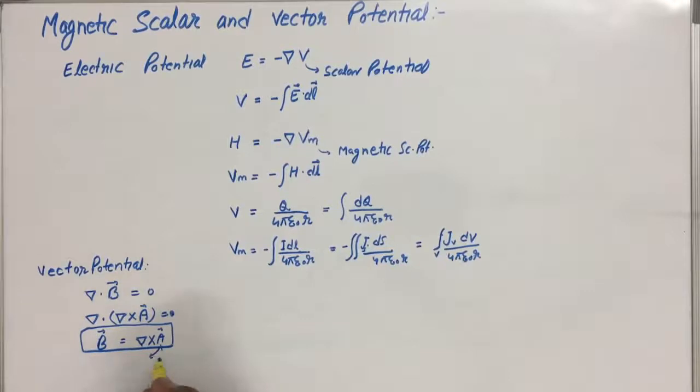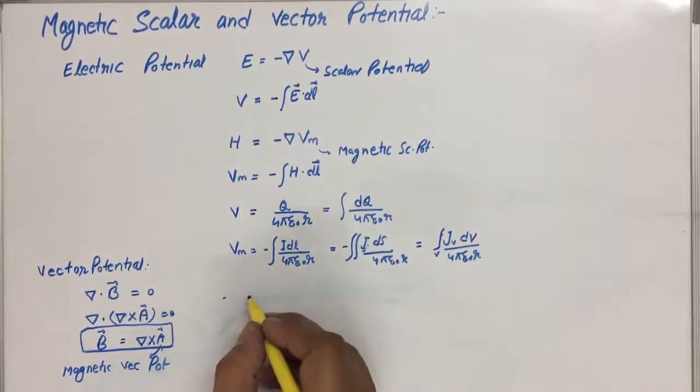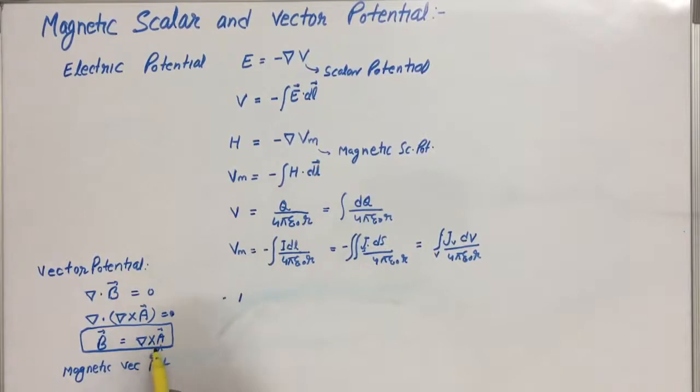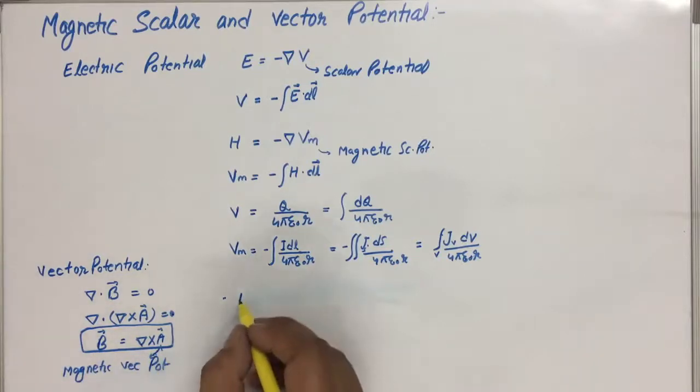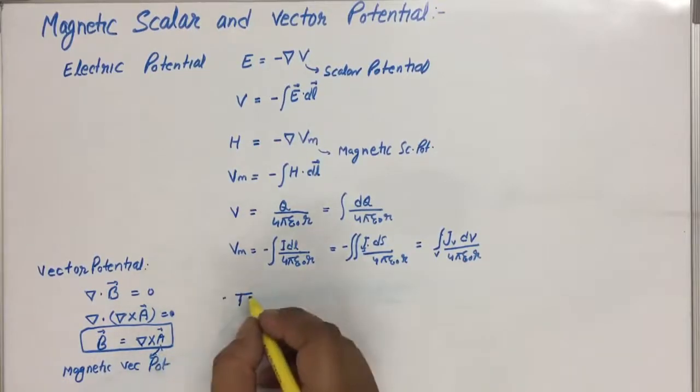Thus the magnetic vector potential is the quantity for which the curl is the magnetic flux density. We can write it like that. This sentence is important to define the magnetic vector potential.